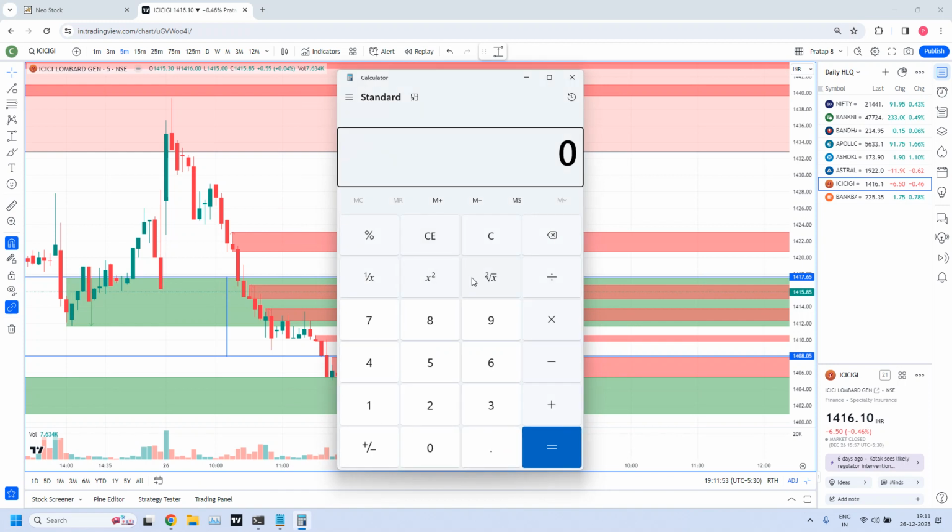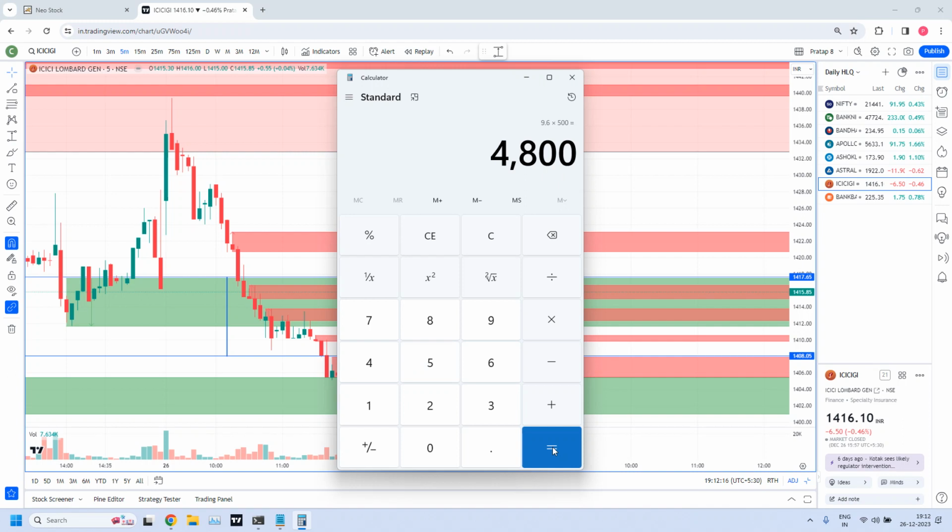The lot size of ICICI is 500. So 9.60 into 500, you would have got another 4,800 rupees extra profit by using this trailing stop loss. ICICI has already given a profit of 11,075 rupees, which is 8.82% return on the investment.